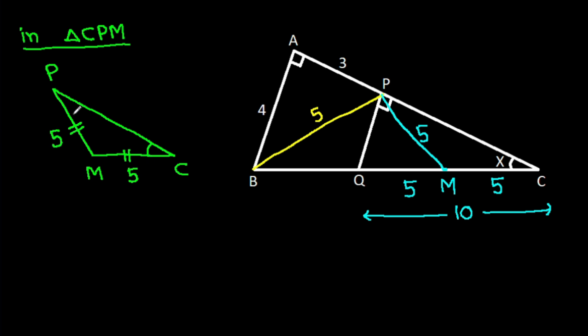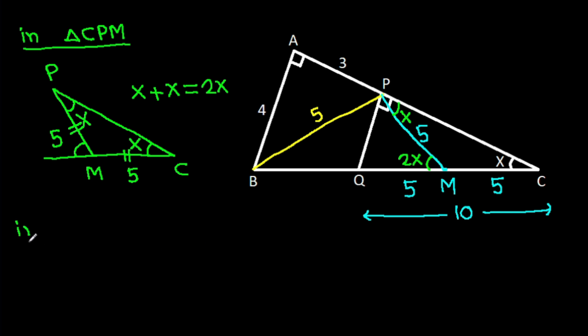That means these two angles will be equal, and this angle is x, so this angle will also be x. This angle is x, and now this angle will be x plus x, that will be 2x. This angle will be 2x.